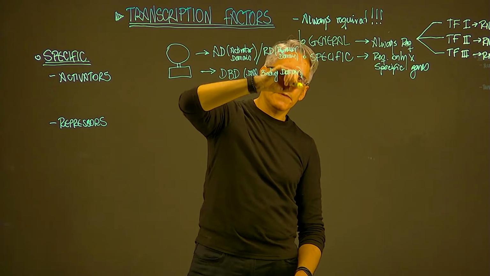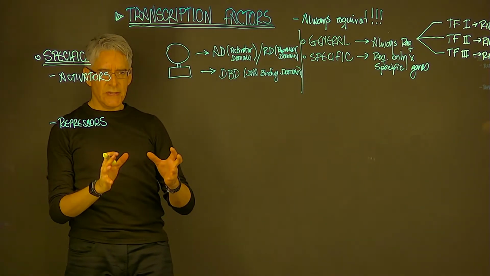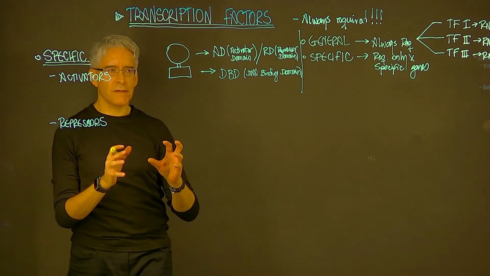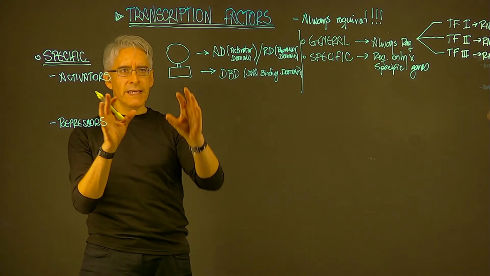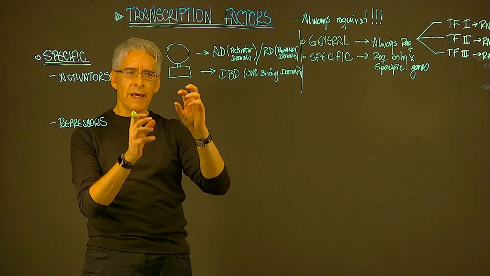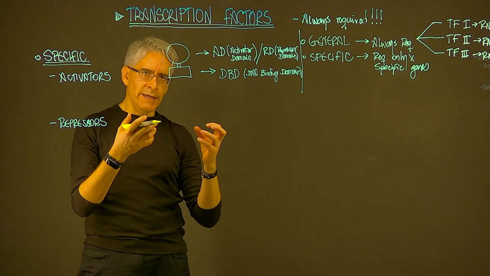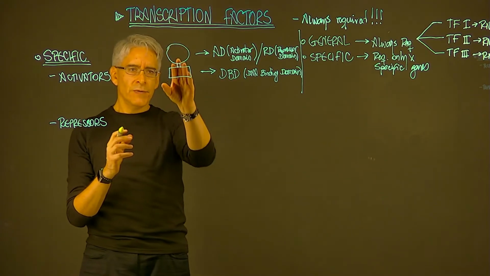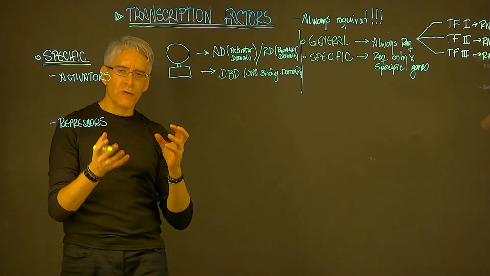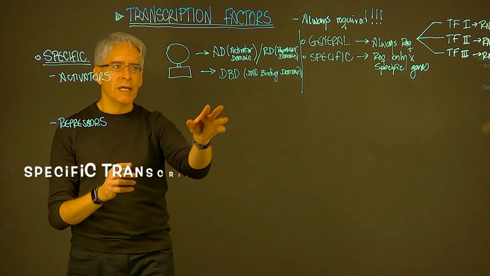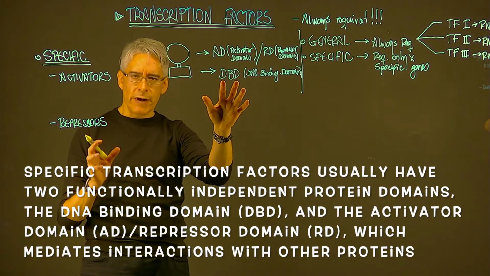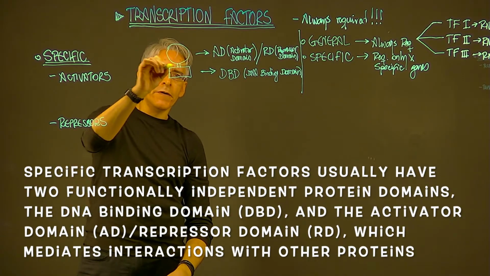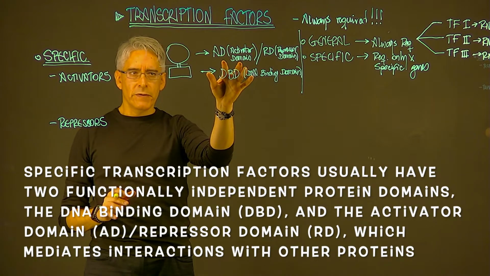Alright, let's make a line here to separate these two different concepts. So that's a very characteristic feature of the specific transcription factors, that they have two very well separated regions within the linear structure, within the primary structure of the protein. And in fact, each one of these two regions can work to some degree independently of the other. So the DNA binding domain is able to interact with specific sequences of DNA, even if it were separate from the activator domain or the repressor domain.